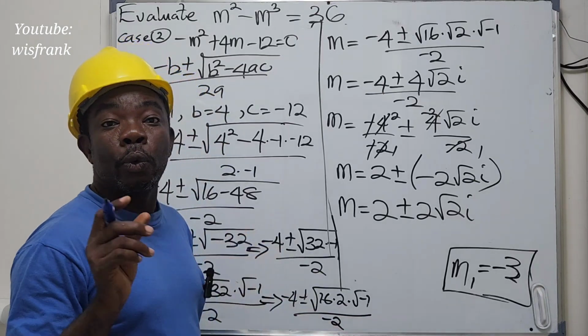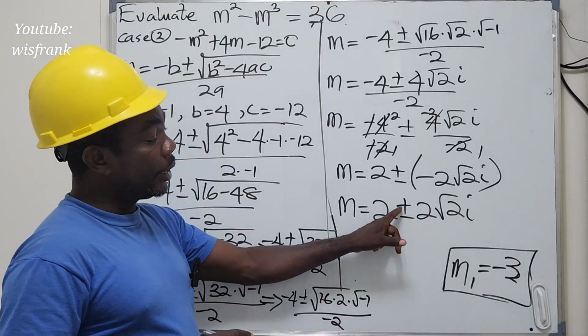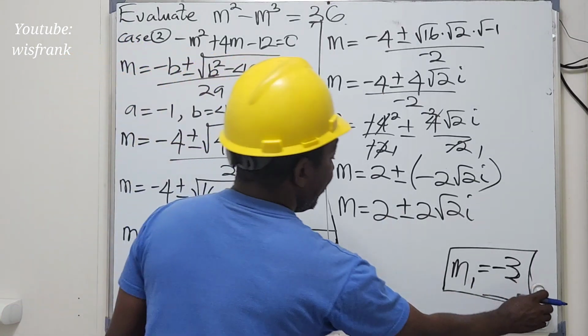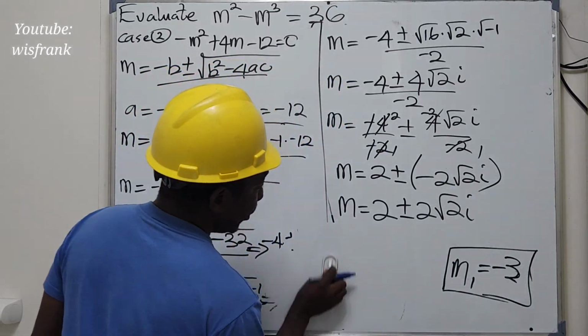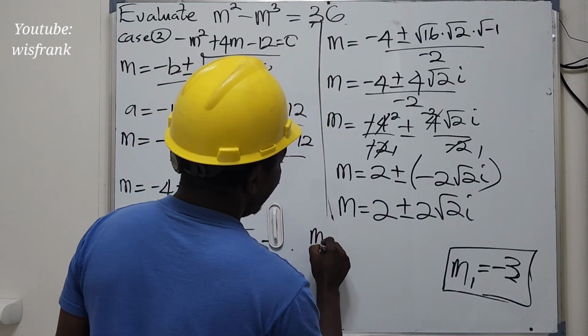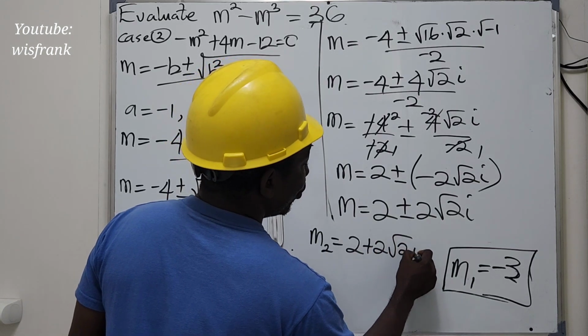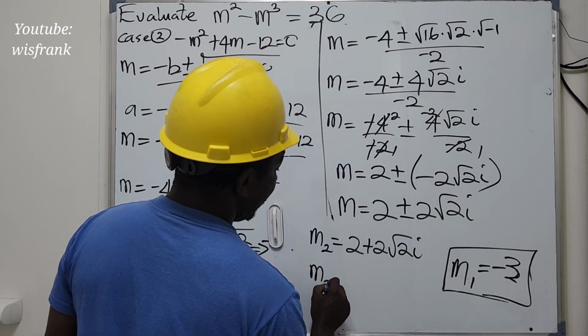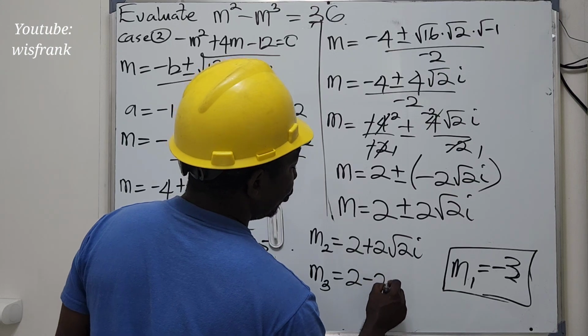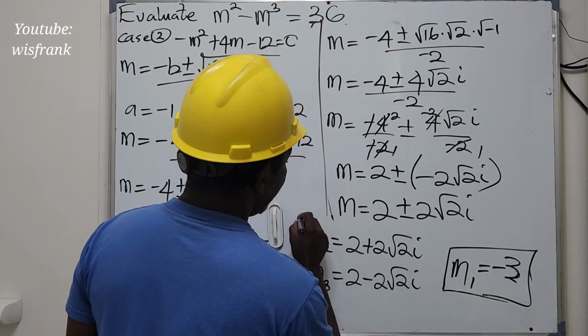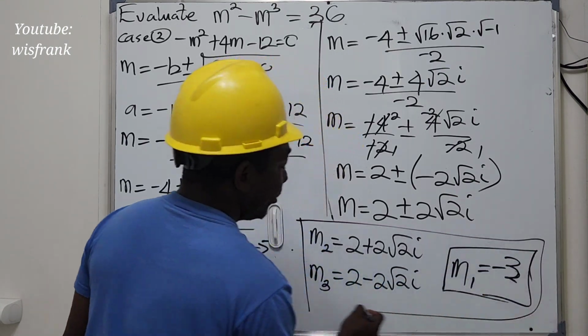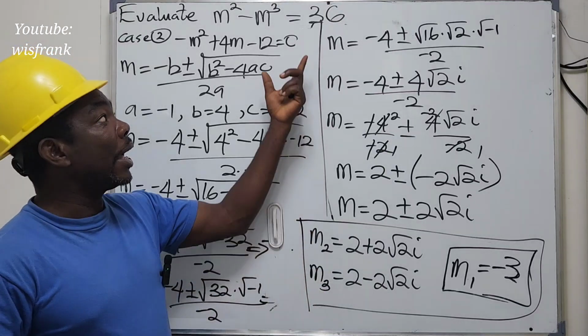But we said that there are going to be 2 values because this is plus or minus. Our m2 and m3 will give us m2 equals 2 plus 2 root 2i, and m3 will become 2 minus 2 root 2i. So these are the 3 values of m that we have, and it satisfies this equation.